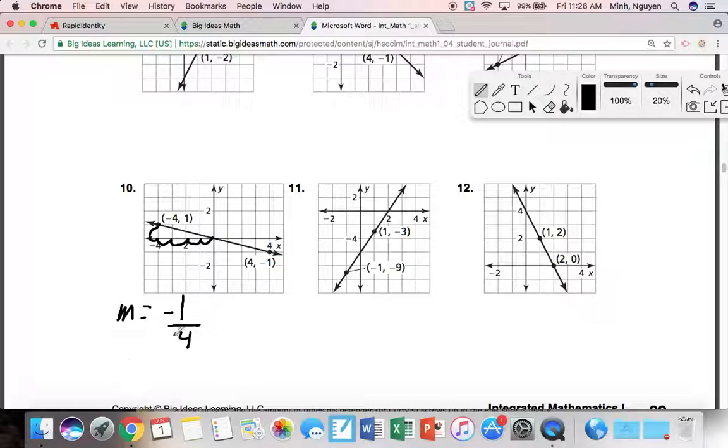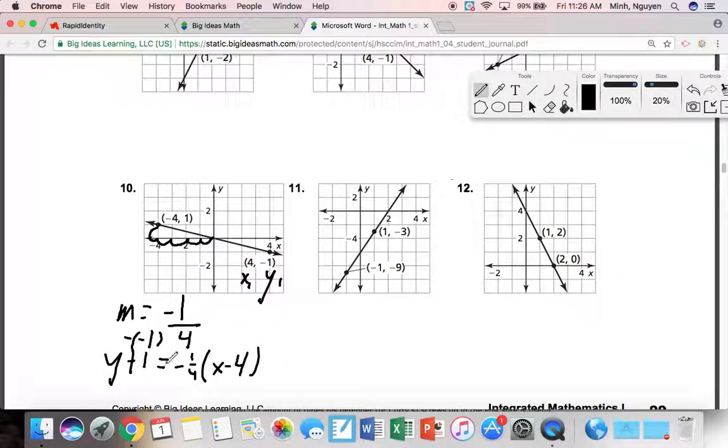And our point is negative 4, 1, so which one do you want to pick? Let's just go with the right just for kicks. So we have y minus negative 1, which is y plus 1, equals negative 1/4 times x minus 4.